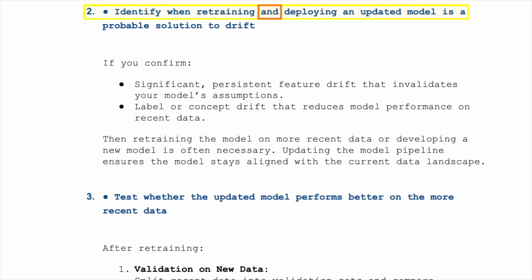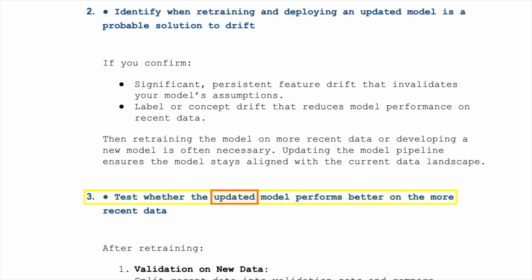Identify when retraining and deploying an updated model is a probable solution to drift. If you confirm significant, persistent feature drift that invalidates your model's assumptions, or label or concept drift that reduces model performance on recent data, then retraining the model on more recent data or developing a new model is often necessary. Updating the model pipeline ensures the model stays aligned with the current data landscape.